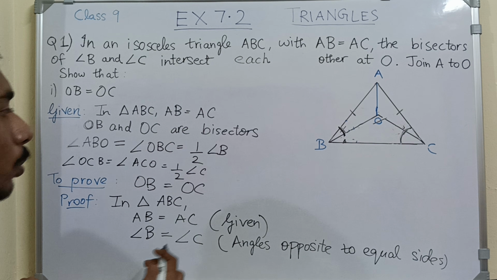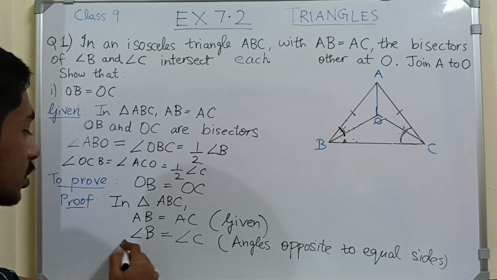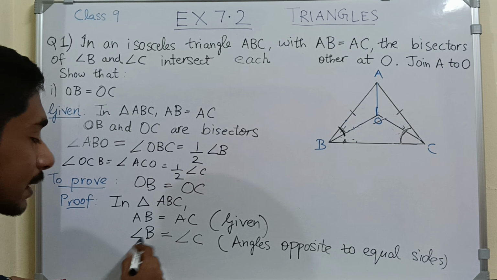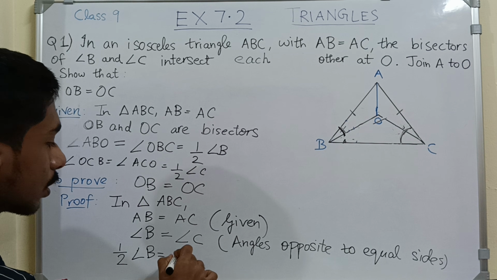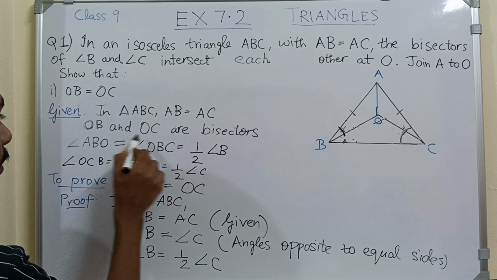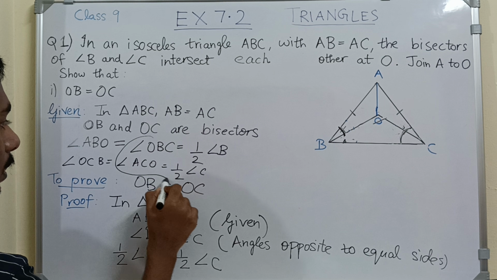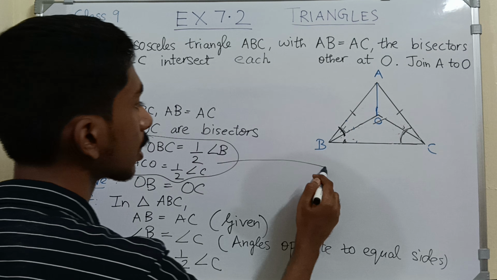Now what I am going to do, since we have half angle B, half angle C, I will multiply by half on both the sides. Half of angle B is equal to half of angle C. Now look at this information. Since I don't have space, I will rub this part here.